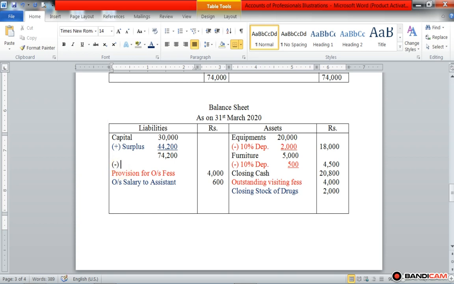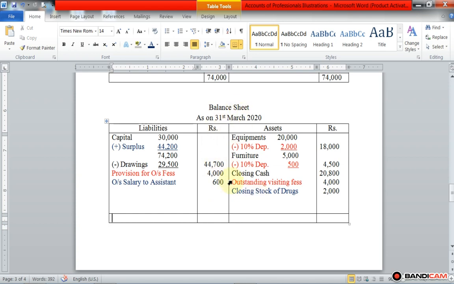Less drawings, that is 29,500. So 74,200 minus 29,500. Here we get total capital 44,700.